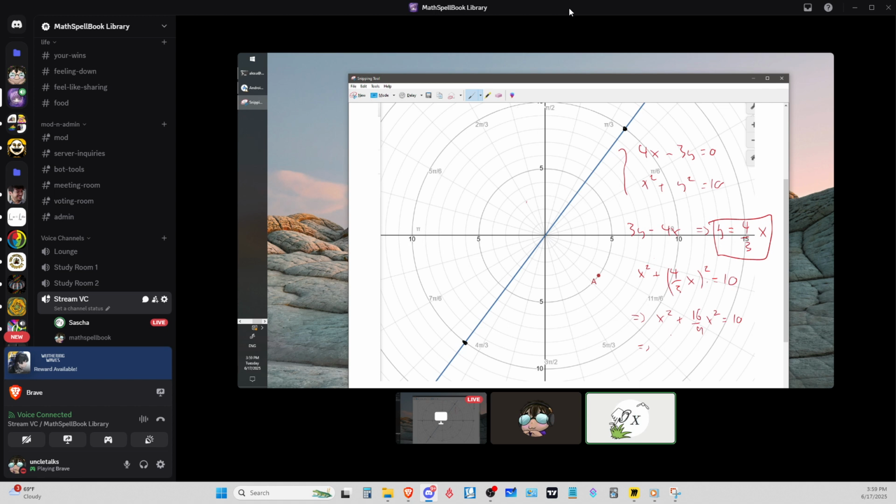And then here we're going to have 25 over 9 x squared equal to 10. Now we could throw this guy to the right and isolate x, and from that we can figure out the value of y. I think you know how to do it after that. So we could have done that. This would have worked also.